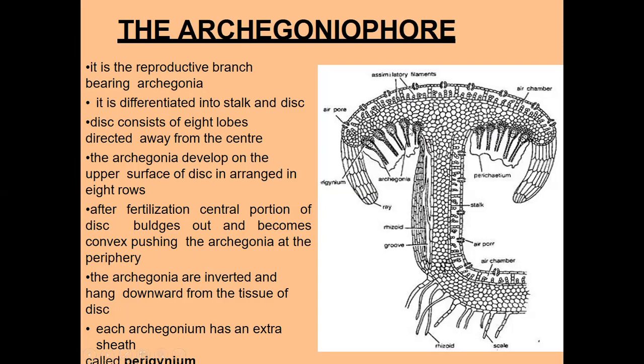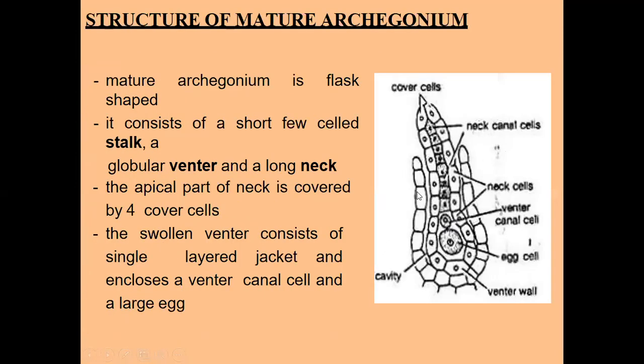You can see the production of these archegonia, and they are in an inverted position, hanging downward. This is another important point to be remembered in Marchantia: archegonia are inverted.